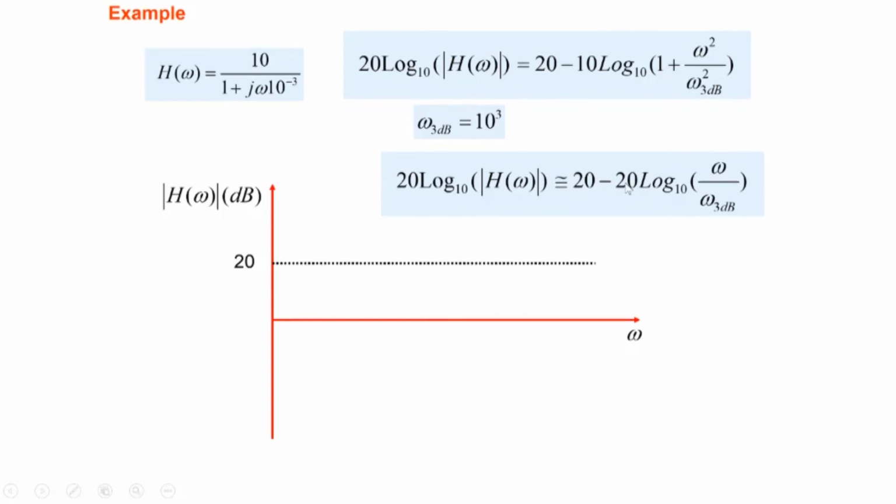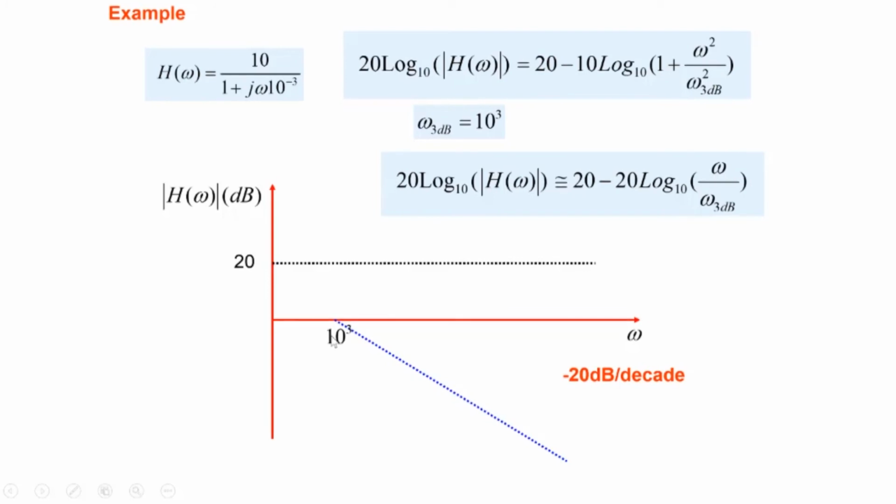And then for this part, 20 log 10 omega by omega 3 dB, at higher frequencies it is falling at a rate of, if I make omega 10 times higher than omega 3 dB, or if I take two frequencies, omega 2 and omega 1, and the ratio is a factor of 10, then in terms of dB, the change will be 20 dBs, right?